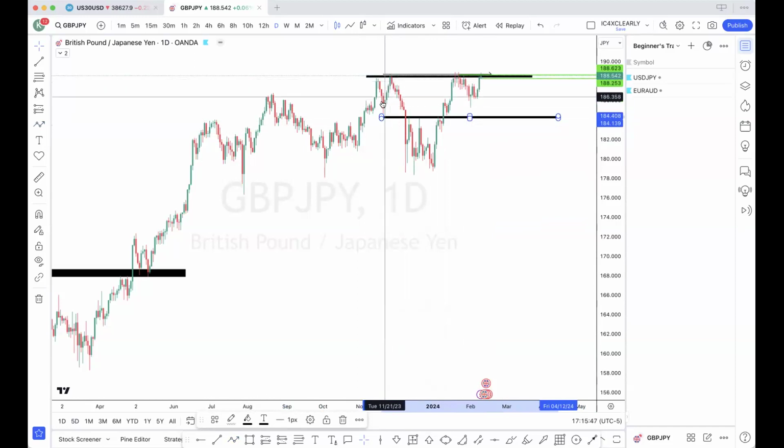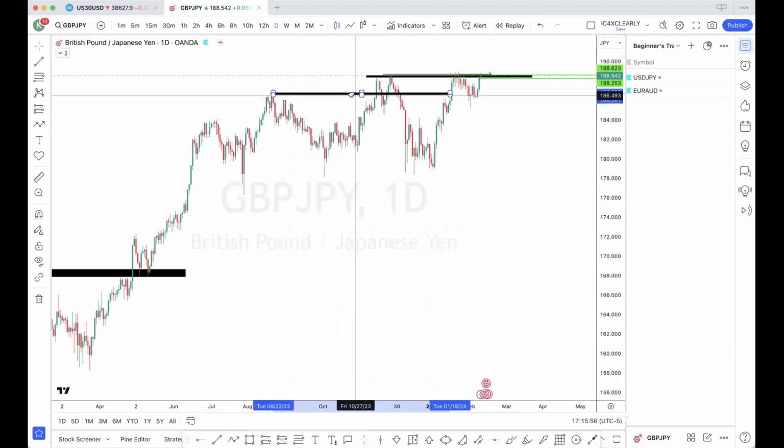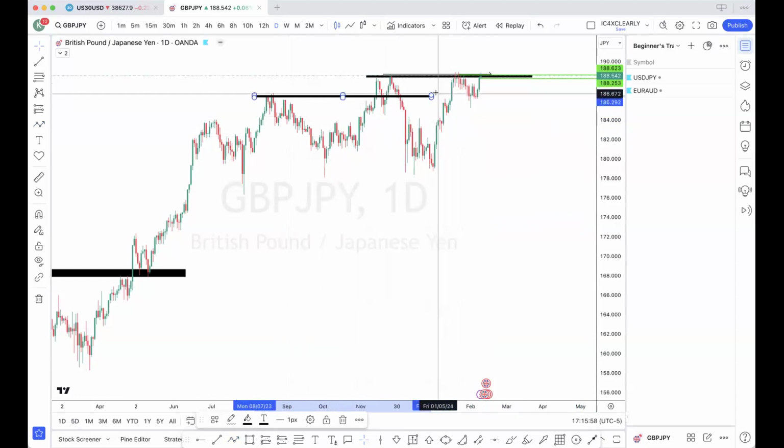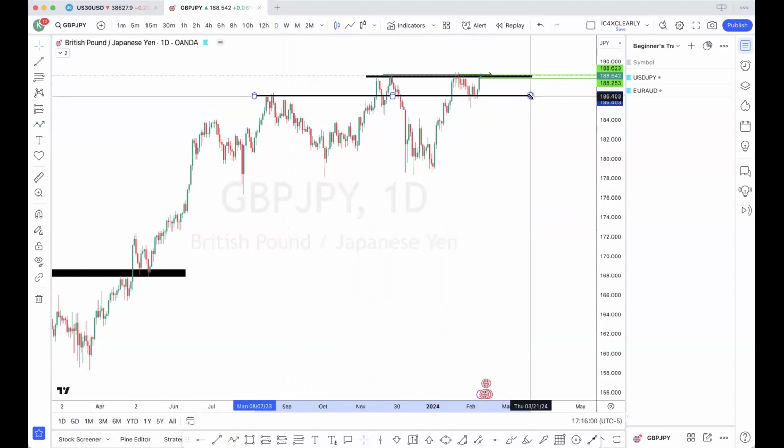Anywhere where price, I don't do the internal ones, but I will do the strong levels. As you can see, there's a zone right here. And as far as marking it up, you don't have to be precise.